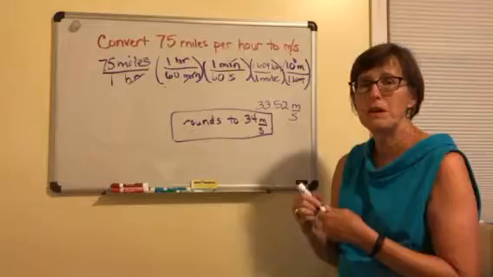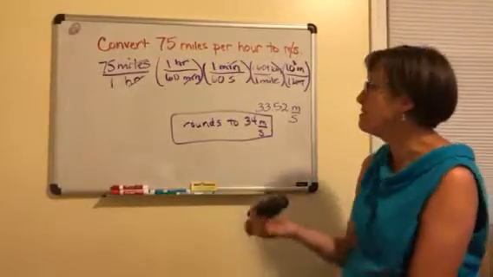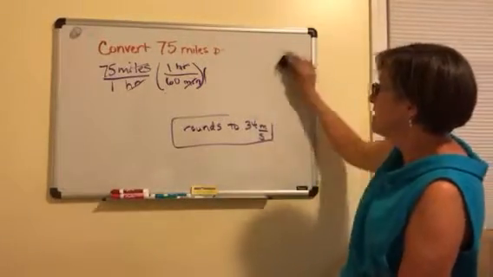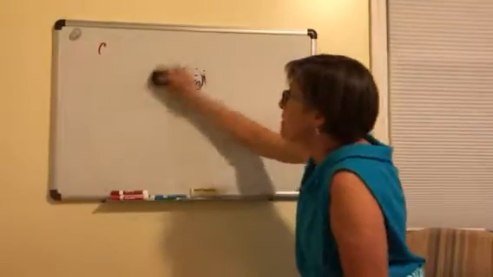So that's dealing with a quantity that has units in the numerator and the denominator. What I'd like you to do right now is carry out another one of these conversions and see if you can get it right on your own.